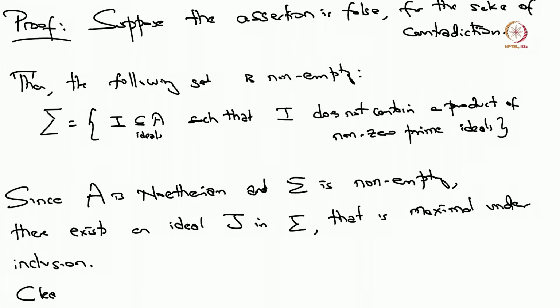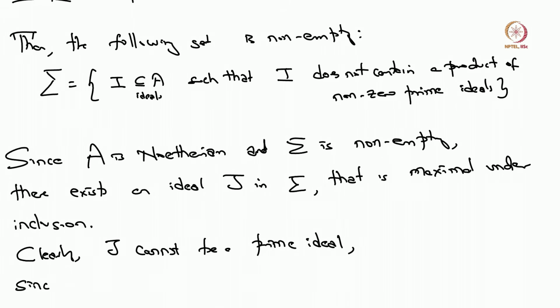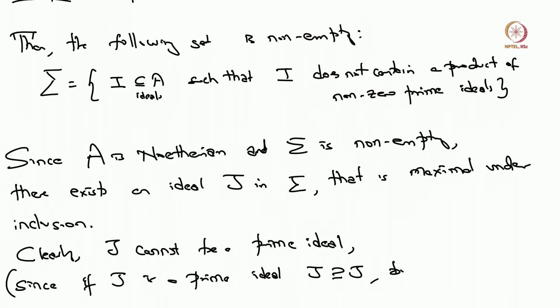Now clearly J itself cannot be a prime ideal. Because if J was a prime ideal, J would be equal to J, so J contains J. But that's not possible. So this would mean J does not belong to sigma, but by assumption J is an element that's maximal under inclusion, so J is an element of sigma.